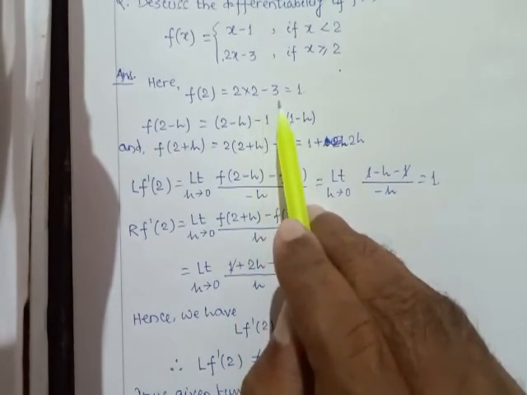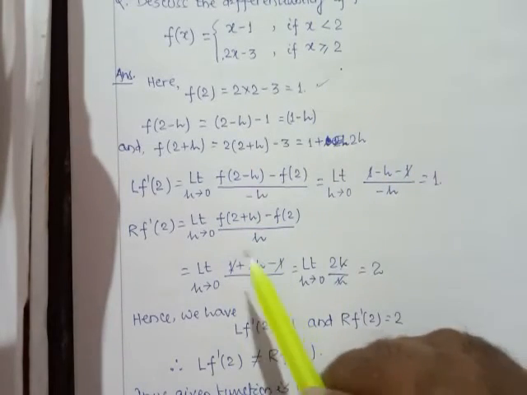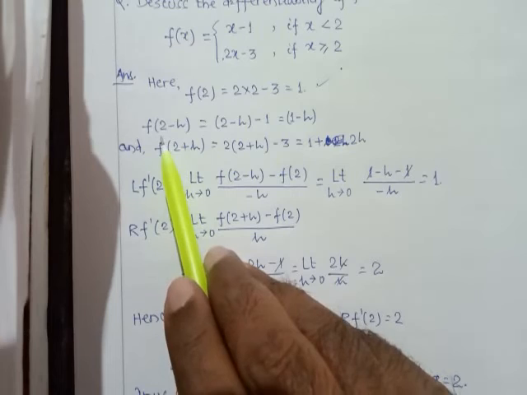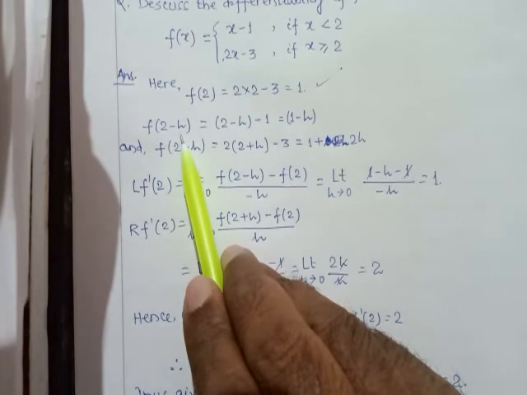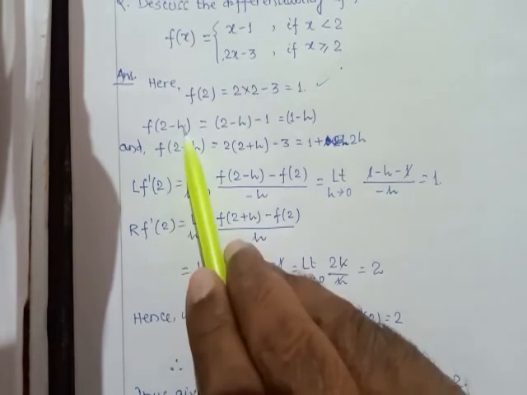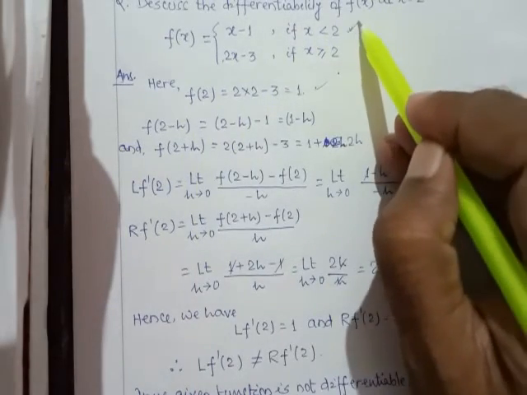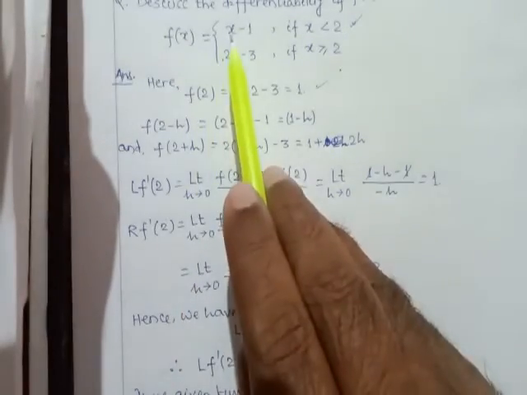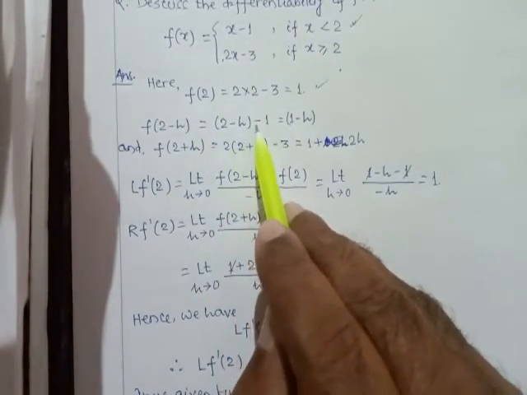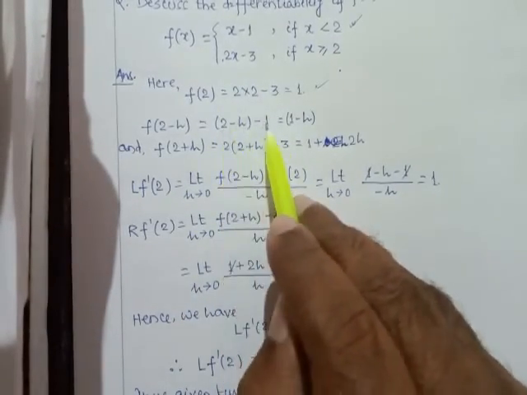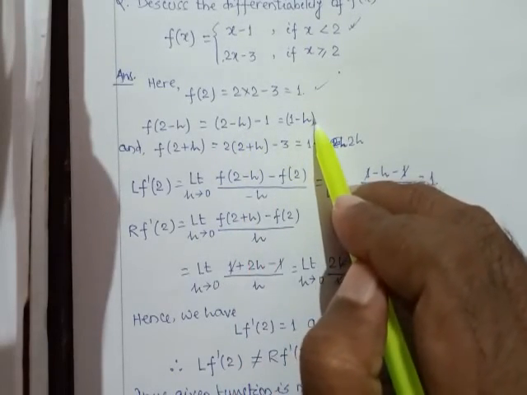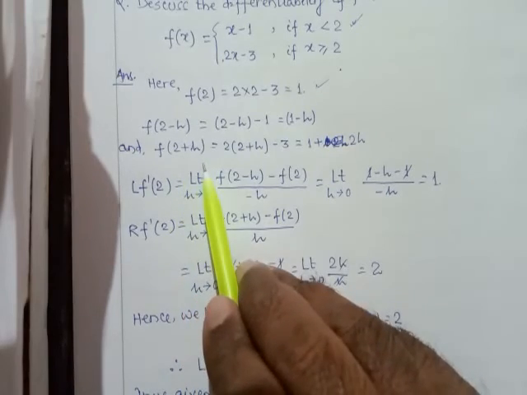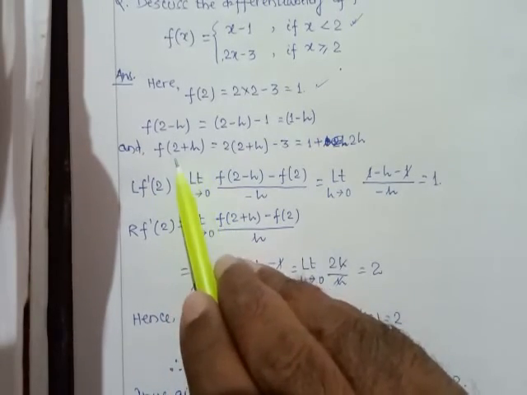Next calculate f(2 minus h). Obviously 2 minus h is less than 2, so the upper one is applicable. Here put x equal to 2 minus h, then it should be 2 minus h minus 1, which is 1 minus h. And finally put x equal to 2 plus h. 2 plus h is more than 2, so the lower one is applicable.